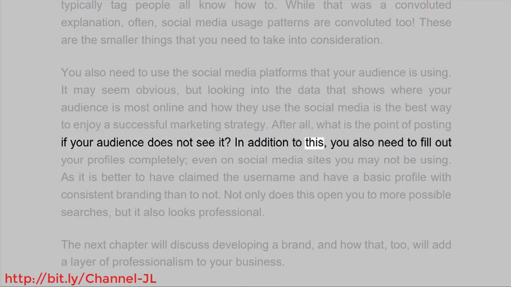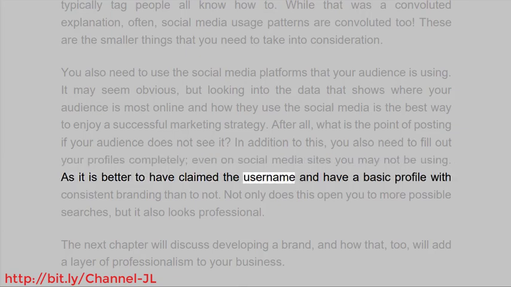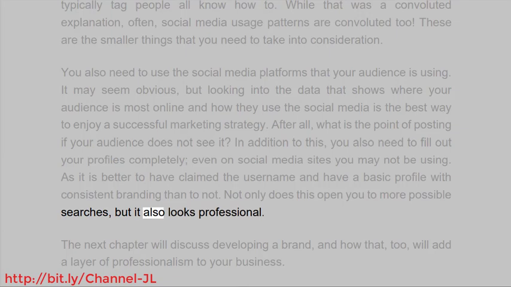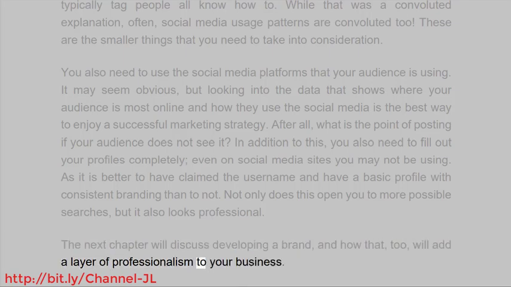In addition to this, you also need to fill out your profiles completely, even on social media sites you may not be using, as it is better to have claimed the username and have a basic profile with consistent branding than to not. Not only does this open you to more possible searches, but it also looks professional. The next chapter will discuss developing a brand, and how that, too, will add a layer of professionalism to your business.